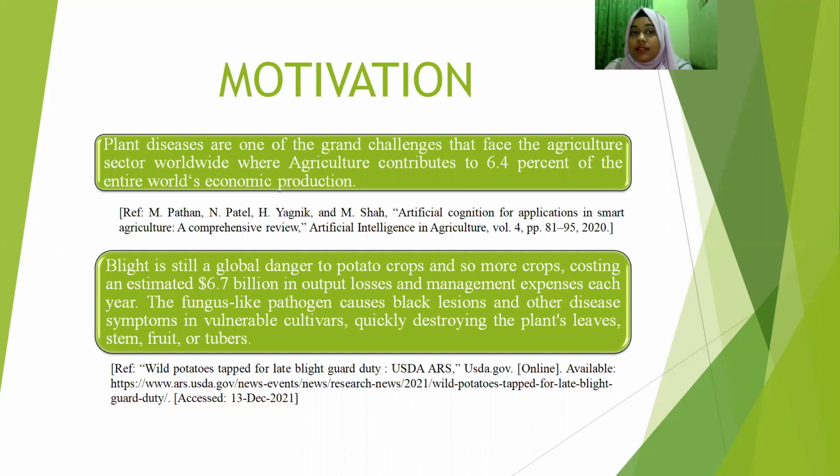Blight is still a global danger to potato crops and other crops around the world, costing an estimated $6.7 billion in output losses and management expenses each year. The fungus-like pathogen causes black lesions and other disease symptoms in vulnerable cultivars, quickly destroying the plant's leaves, stems, fruits, or tubers.